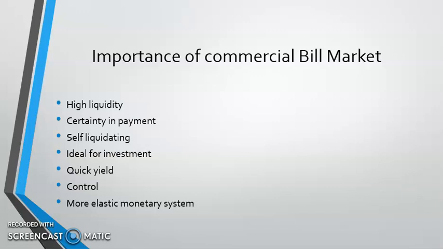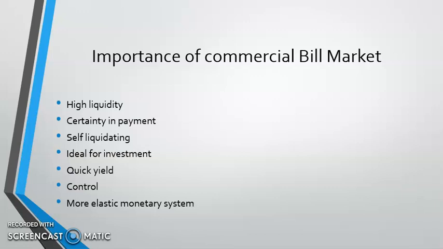Third is self-liquidating in character. Usually these bills have a fixed due date, so they will get self-liquidated on that due date. Ideal for investment. The commercial banks can invest surplus money in these commercial bills. When they provide the discounting facility, they get a certain percentage of profit on that. Next is quick yield.